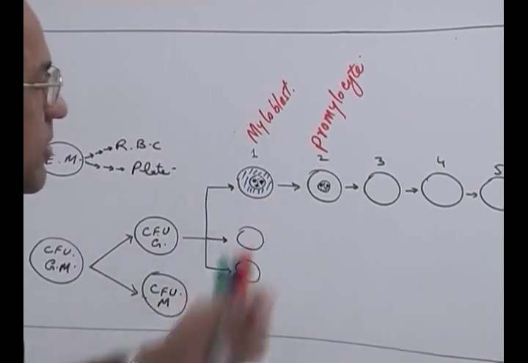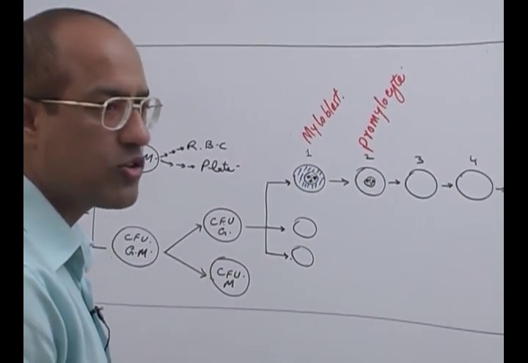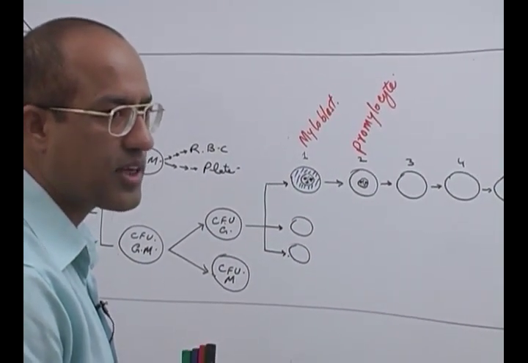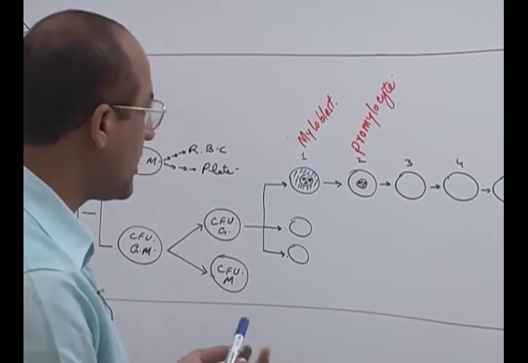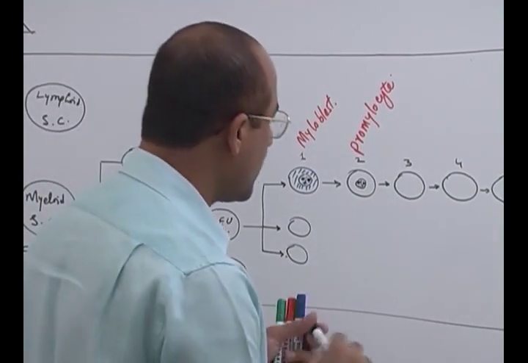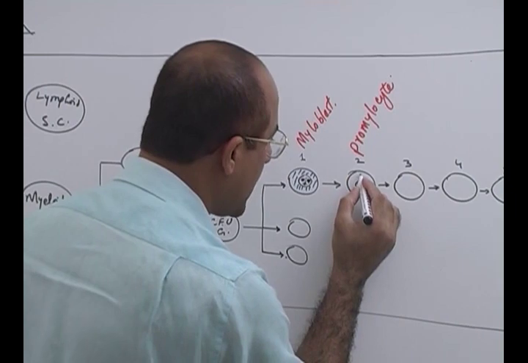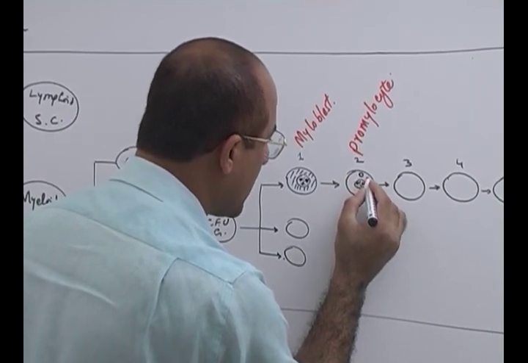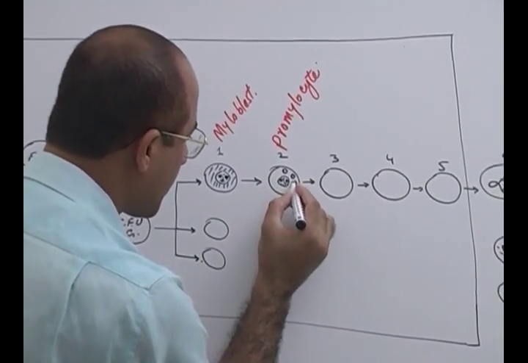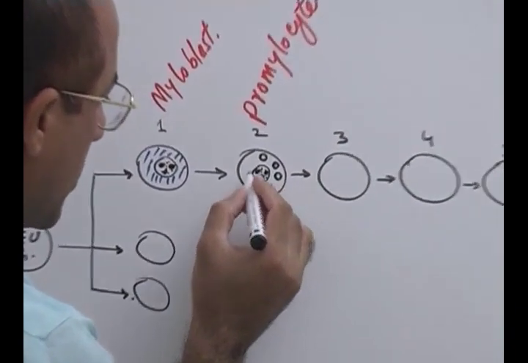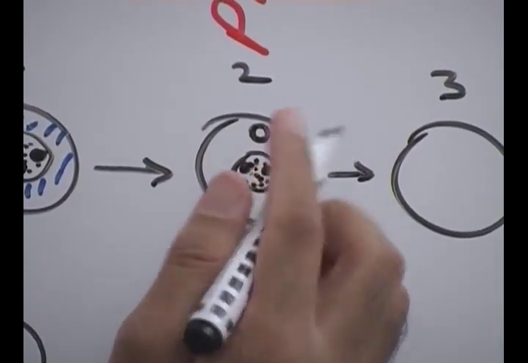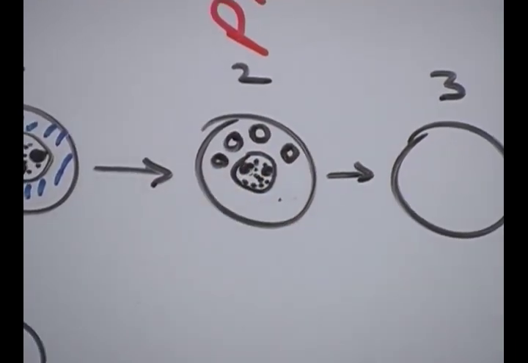The very special thing at this stage is that lysosomes, or non-specific granules, appear. Which granules appear? Non-specific granules appear. I will make non-specific granules here with black color. These are the non-specific granules. So these are first to appear.